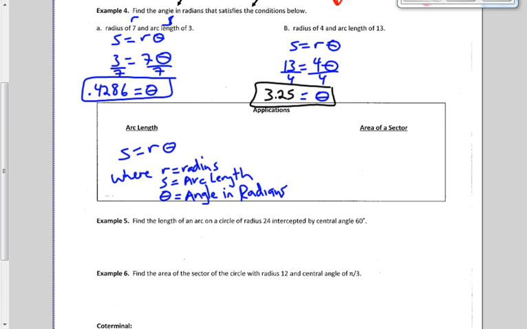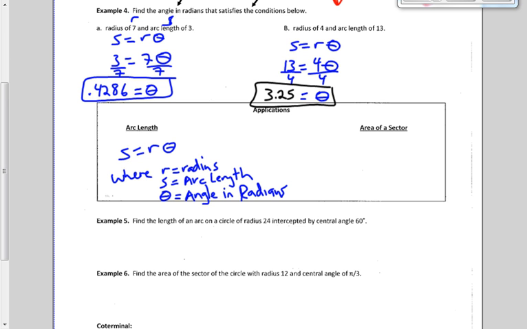Notice that I didn't put a degree symbol on there. It is not 3.25 degrees. It is 3.25 radians. If I don't put that measurement on there, it's not going to show that it's in degrees. It's going to show that it's in radians.